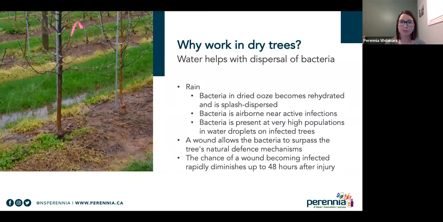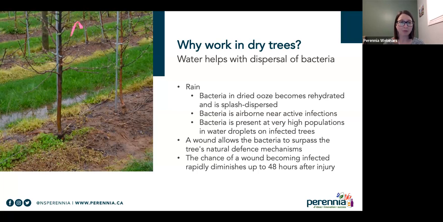And why is it important to work in dry trees? We've already talked so much about how important water is to bacterial movement. In the case of rain, it actually rehydrates dried ooze. It splash disperses that bacteria.